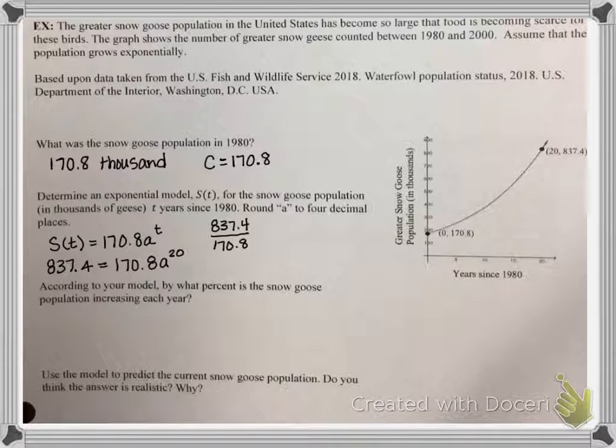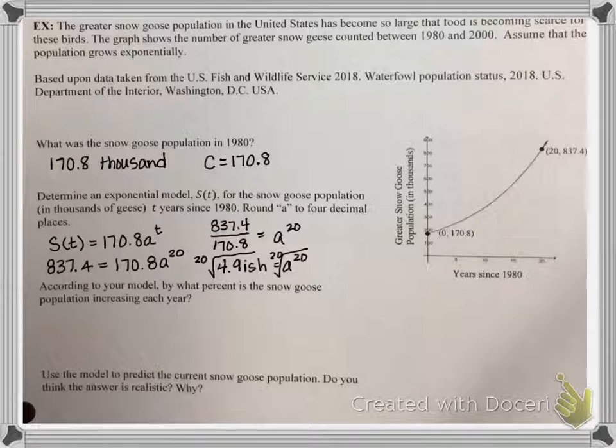So you can either leave it like this and then plug it in like that, or I will show you how to use your calculator to save that information. So this is like 4.9-ish. And we want to take the 20th root of both sides.